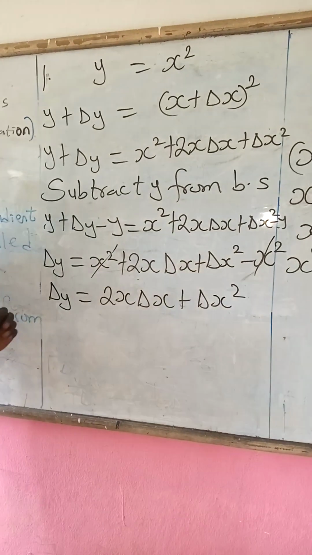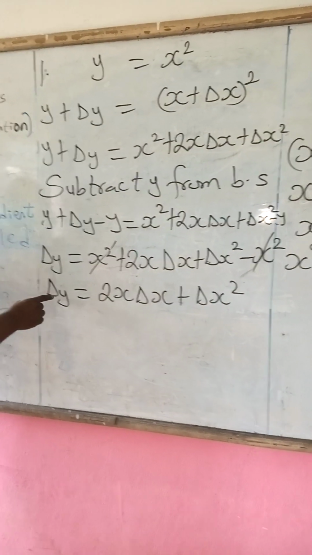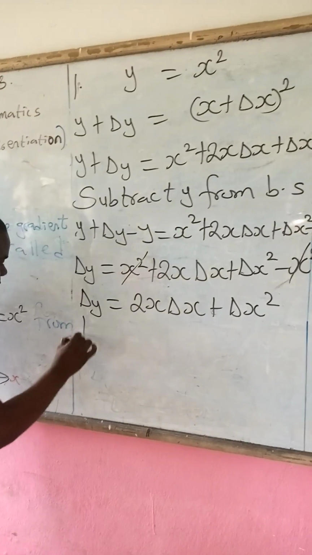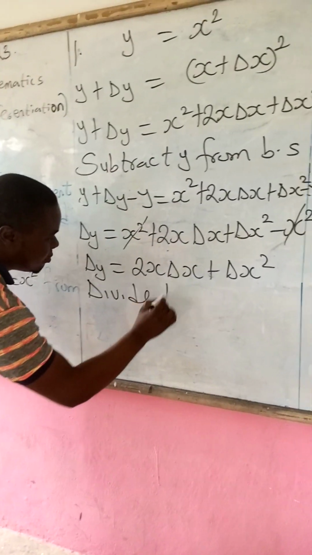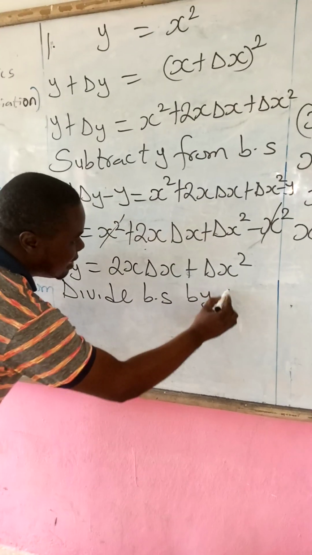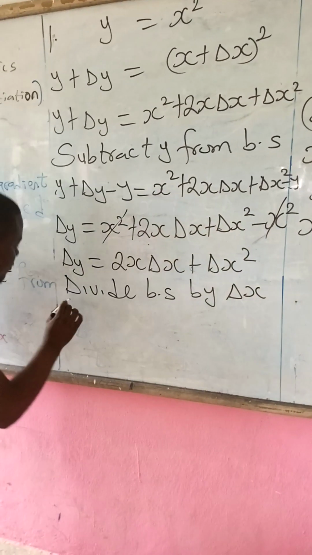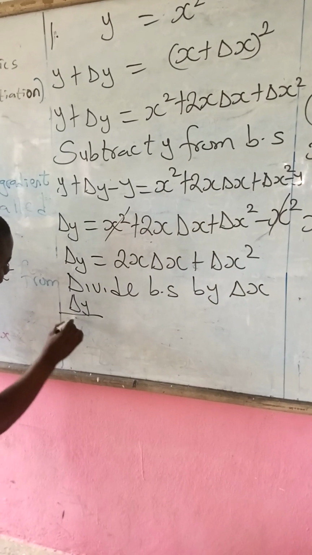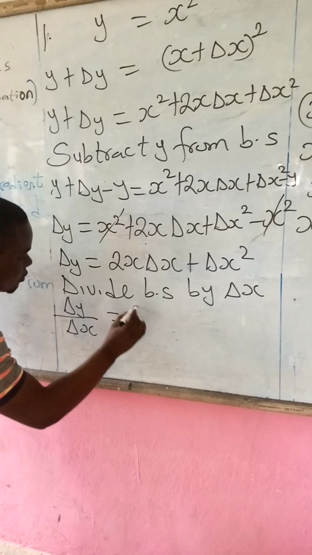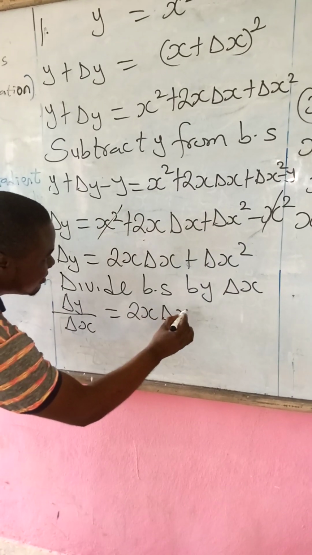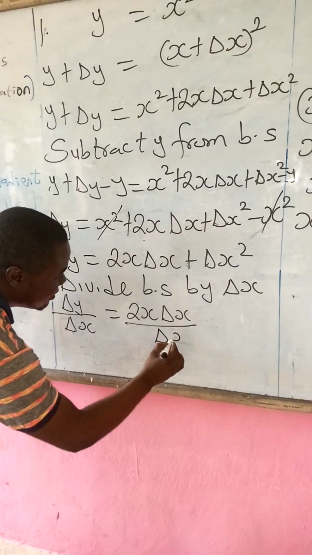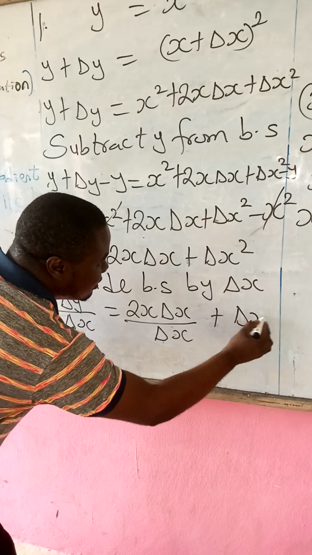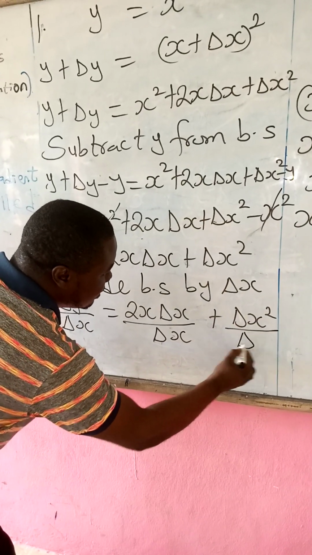The next rule states that we divide both sides by δx. Don't forget. So we have δy divided by δx equals 2xδx divided by δx, plus δx squared divided by δx.